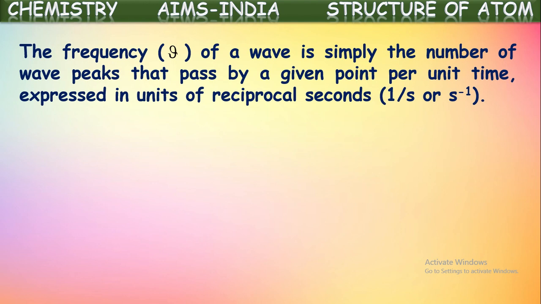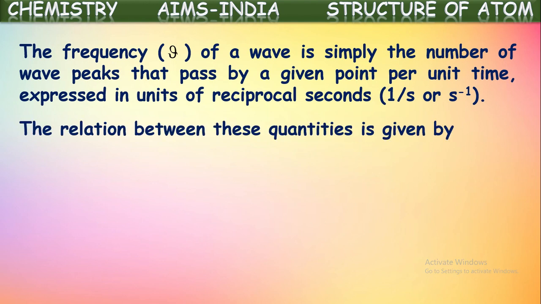It is denoted with the symbol nu. So what will be its units? It is the number of waves per second, so per second, second inverse, or reciprocal second is its unit.